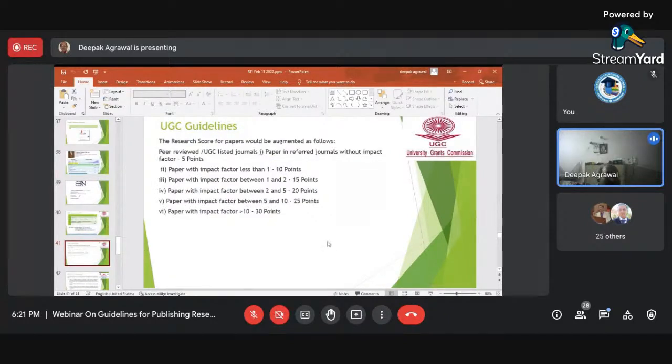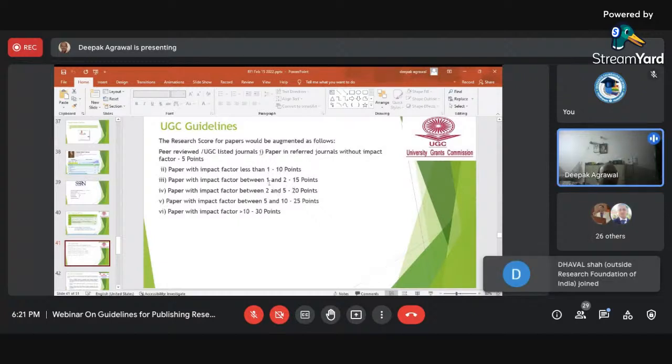How to score as per the UGC guidelines? These are the guidelines provided. You can download the API format from the UGC website, and these are the elementary points they have cited. These are the scores you are going to get. I told you, if your paper is considered without impact factor, you will have the base of 5 points. If the impact factor is less than 1, it is 10 points.